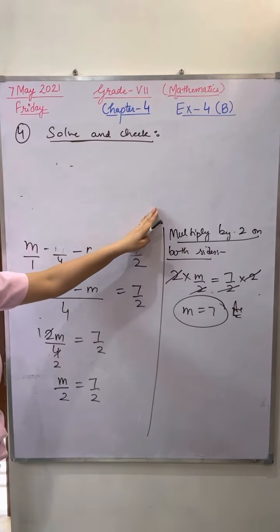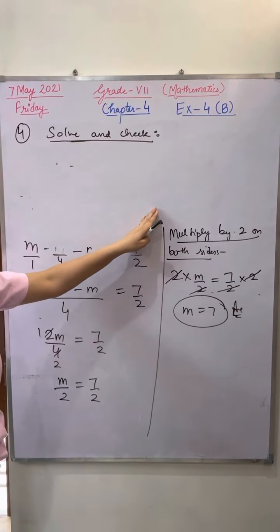Otherwise, you can do it in one step only, transposing minus 3 to the right hand side and 2n to the left hand side. You can apply it one by one, or in one step only. Is it clear to everyone? Only this transposing method, and you can apply it in one line only.